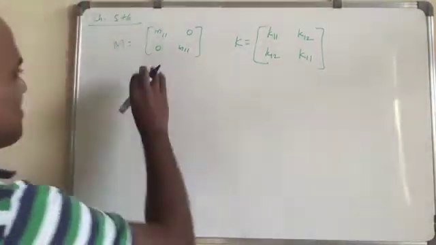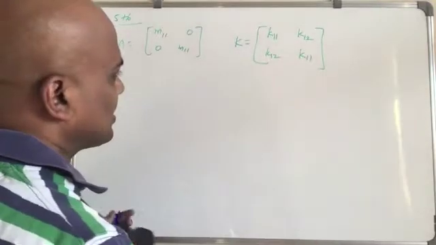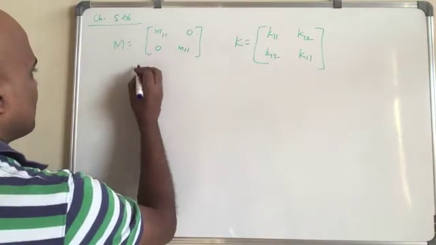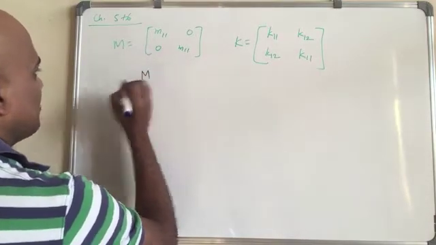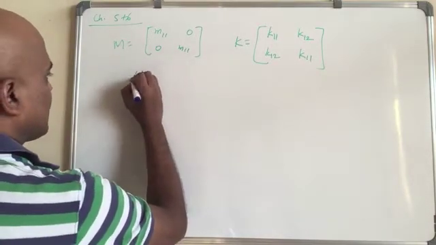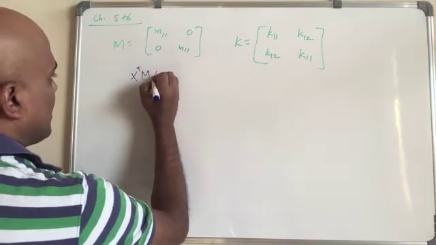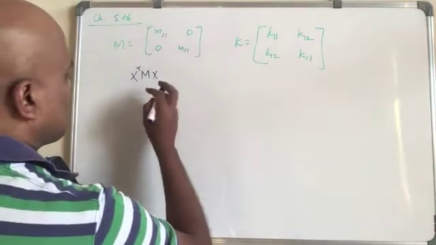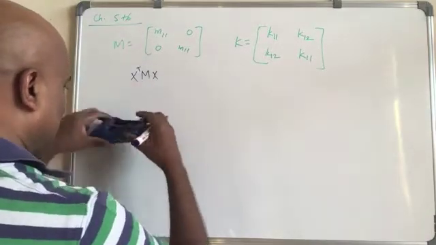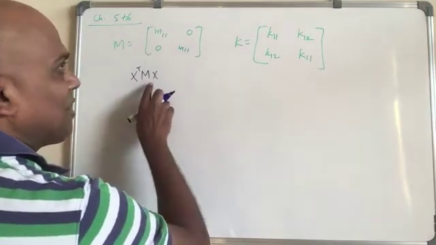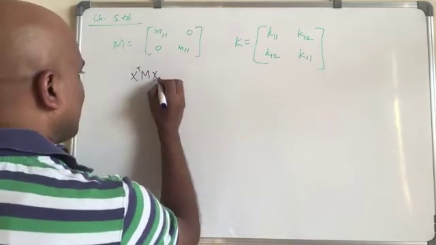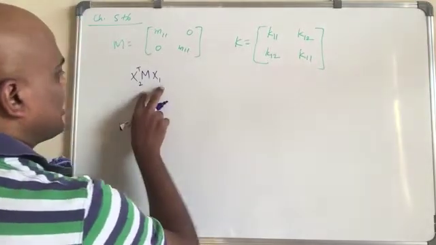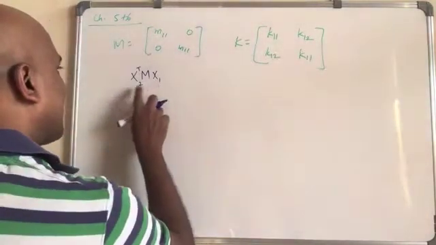Now for the same matrices M and K, the next question is to find out what is x transpose M x, where x is given. Just a minute. What we are finding out, x1 and x2. So this is x1 and this is x2, where it is saying that x1 and x2 are eigenvectors.